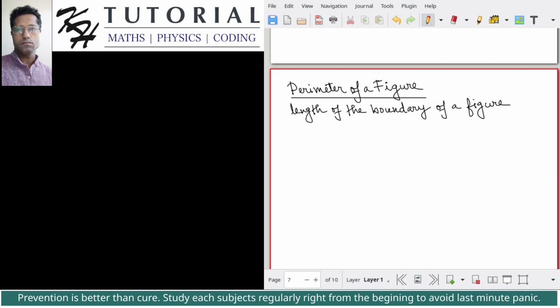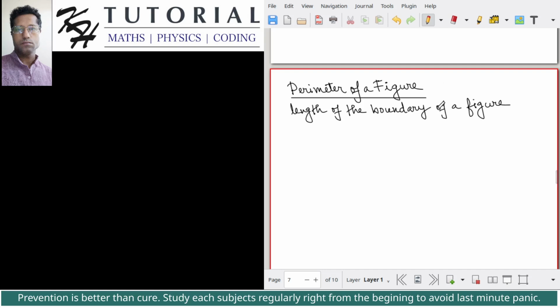Now, the perimeter is defined for any figure. It has nothing to do with whether the figure is closed or open, or simple, or a rectilinear figure. Any figure has a perimeter, and the length of the boundary of the figure is its perimeter.